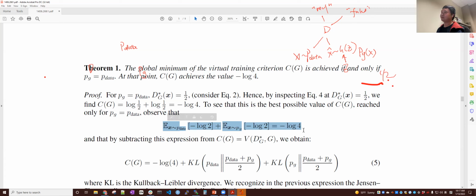This is the minimum value of this loss function, which means you achieve the optimal generator and discriminator. Your discriminator value would always be 1/2, and your generator would always generate data that looks like data sampled from the real distribution.